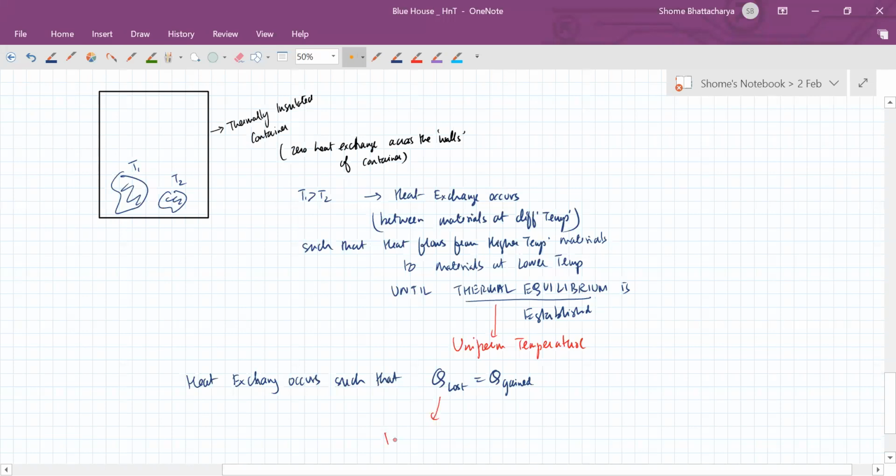Heat lost by the materials which are cooling, and heat gained is by the materials that are heating. So this particular equation here is called the principle of calorimetry.